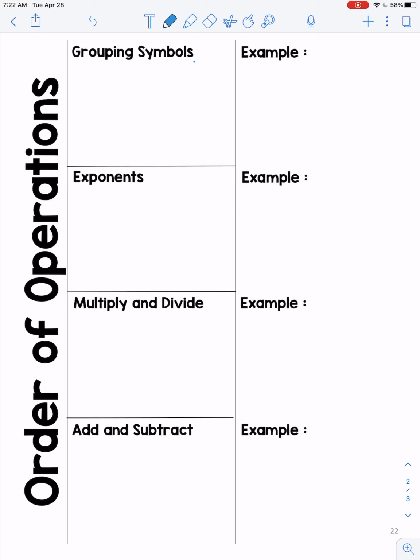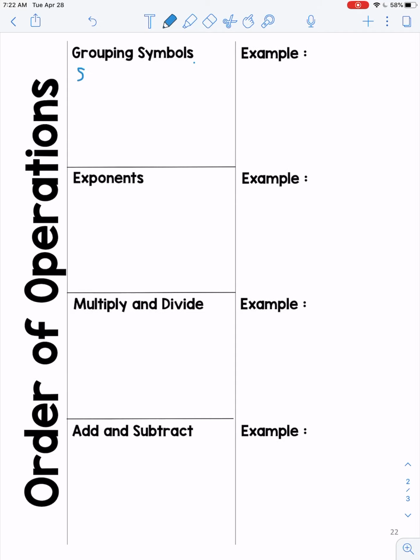So when we're working with order of operations, our first step is always to simplify anything inside of grouping symbols.